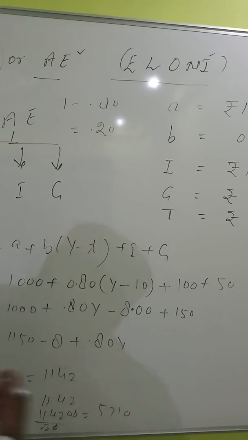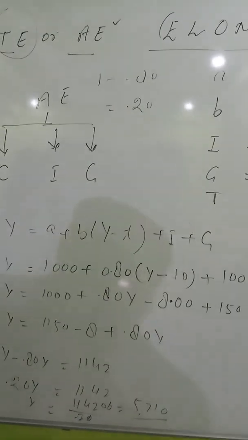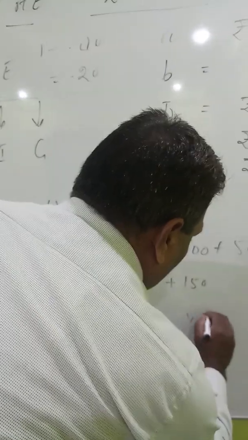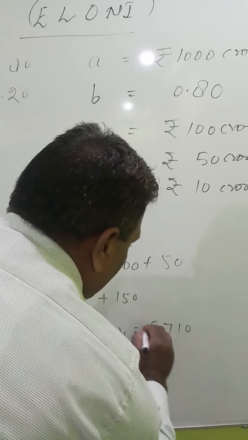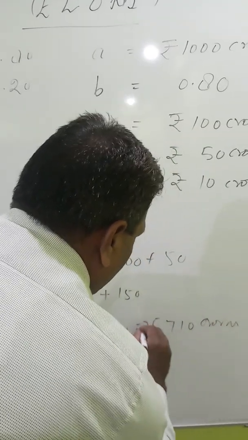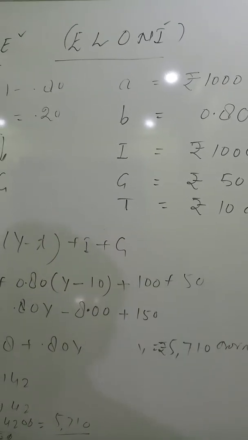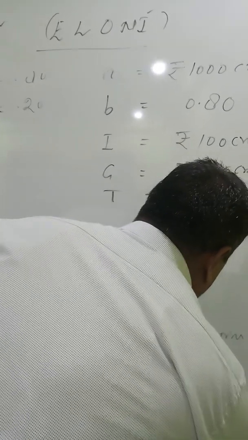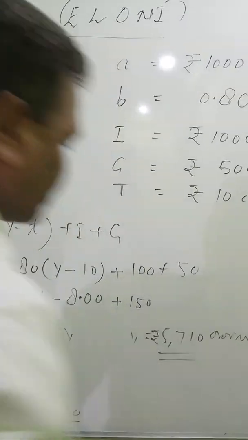The answer will be equal to 5710. Y is equal to 5,710 crores. Here, what is the answer? What is the equilibrium level of national income? Now we have calculated that the equilibrium level of national income is 5,710 crores.